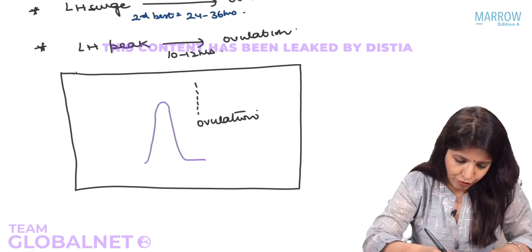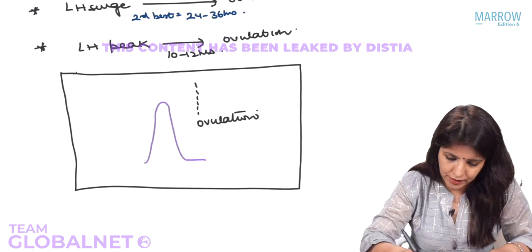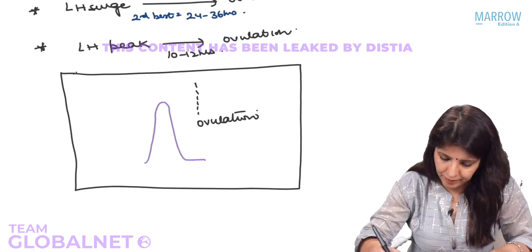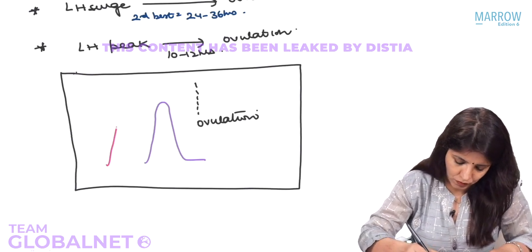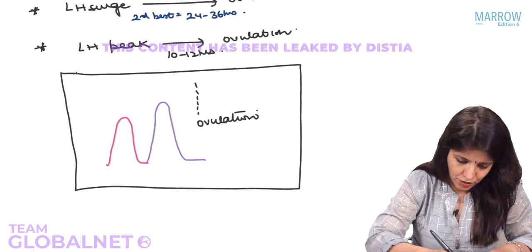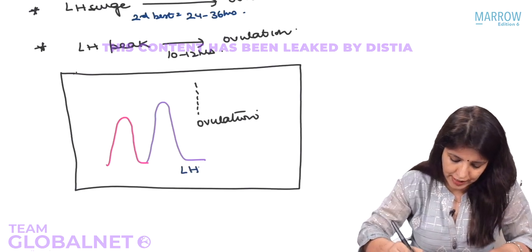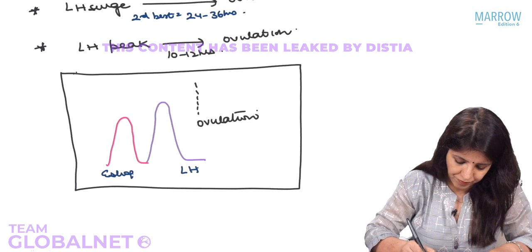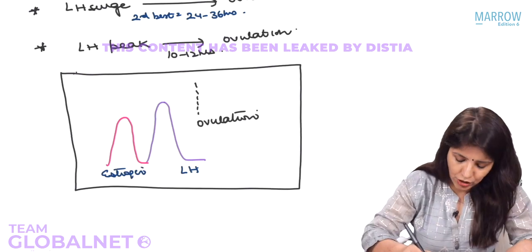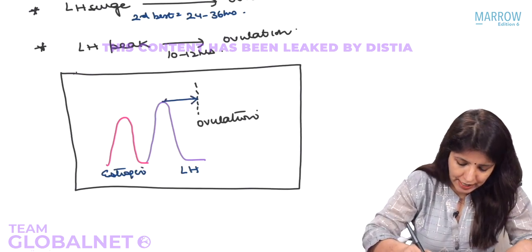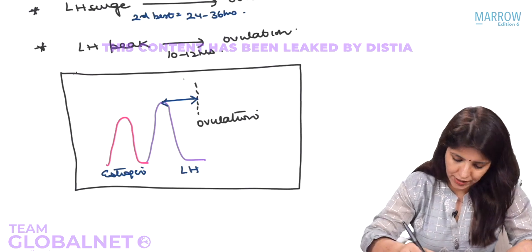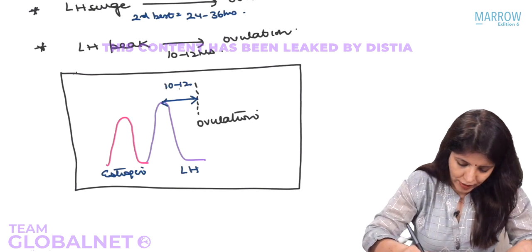right? Before LH peak, the estrogen peak will occur, right? So this is LH and this is estrogen, right? I am telling you time interval between LH peak and ovulation is 10 to 12 hours.